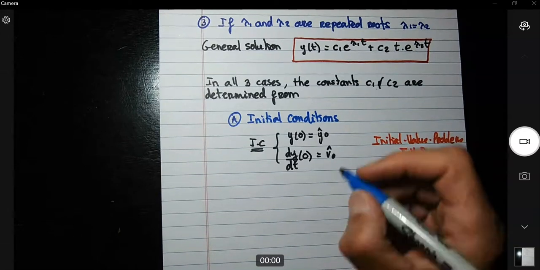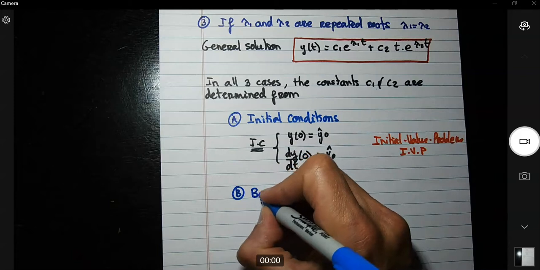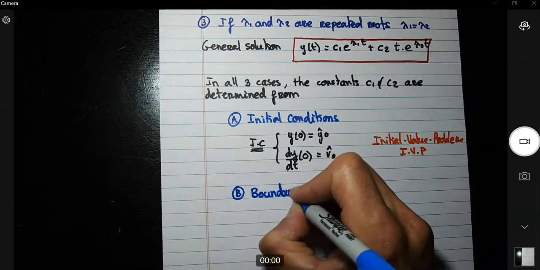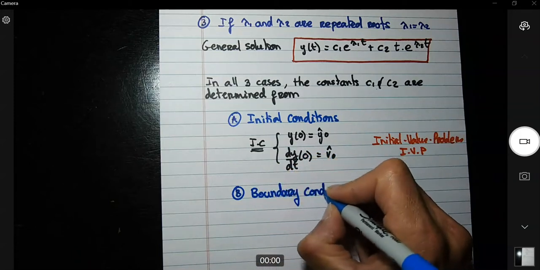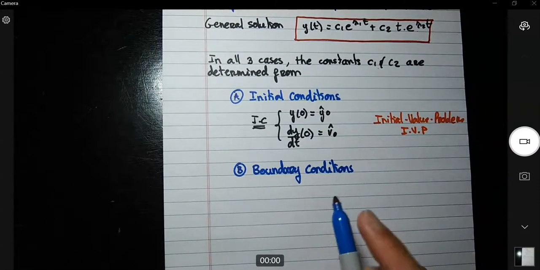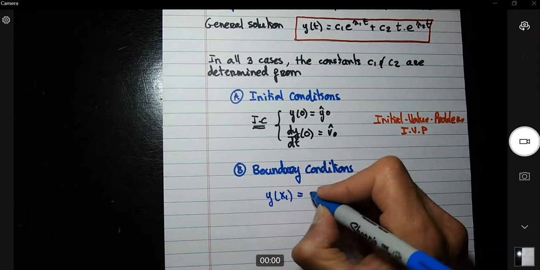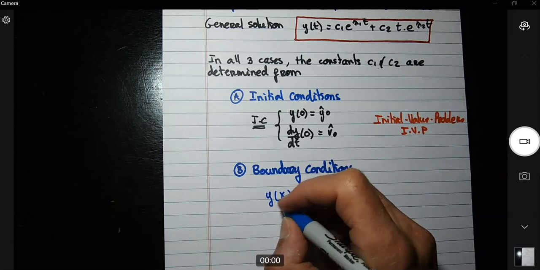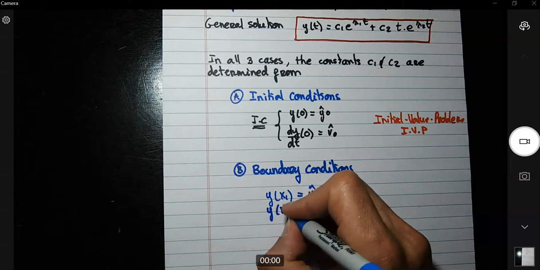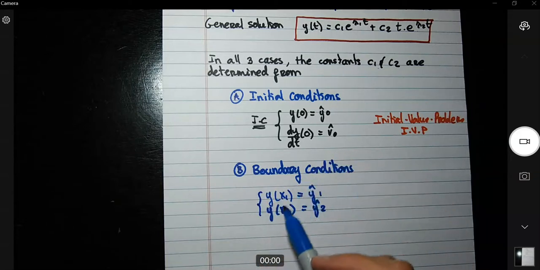Or what can happen is that you can determine the constants from boundary conditions. It's basically the same thing, but slightly two different types of problems, in which you can have y of x1 equal to a constant y1, and y of x2 equal to y2. And actually you can even give the dy at x2, it would depend on the problem.